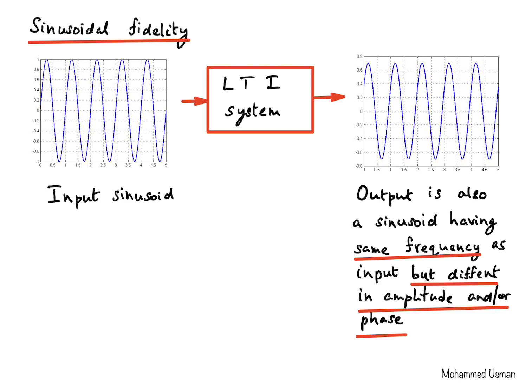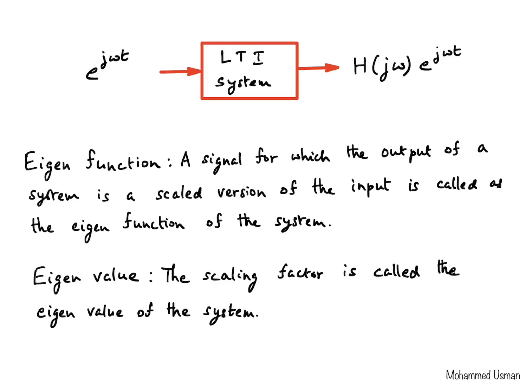So sinusoids are components of the complex exponential. The real part is a cosine and the imaginary part is a sine. So when the complex exponential signal is applied to an LTI system, the output is also a complex exponential. So there is what we call sinusoidal fidelity in an LTI system. Now in this context, we'll introduce a couple of important definitions.